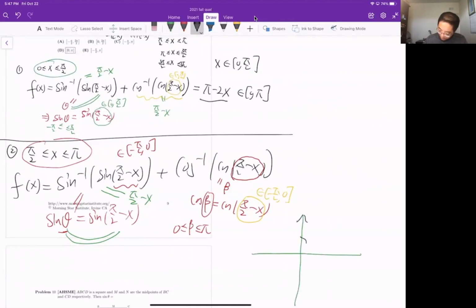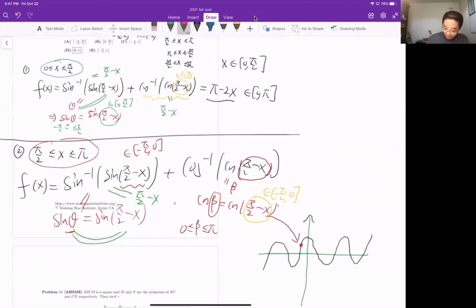This is the graph of cosine x, and here is what we have, between -pi/2 and 0. Because the cosine function is an even function, we can just reflect the point here, which means I can choose beta equal to negative (pi/2 - x), which is x - pi/2. This will be in the range from 0 to pi/2, which is in the range of 0 to pi. So by being careful, we get x - pi/2.